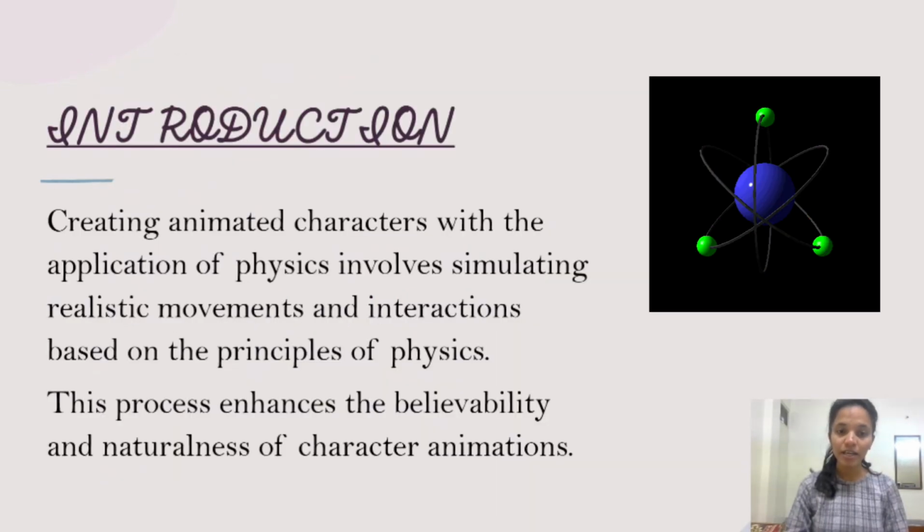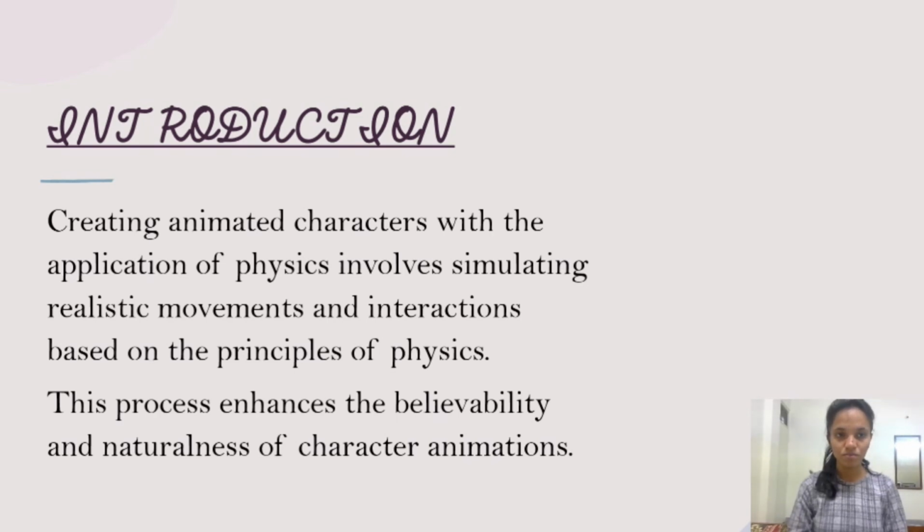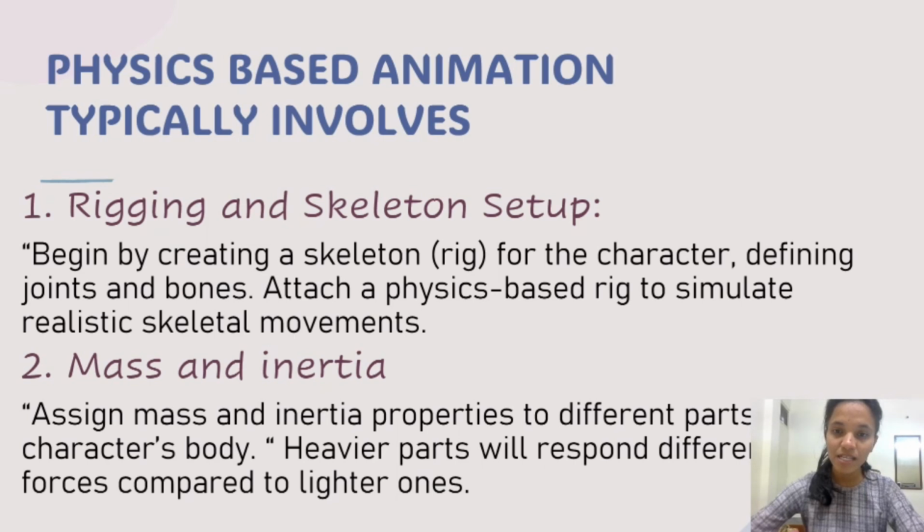Introduction. Creating animated characters with the application of physics involves simulating characteristic movements and interactions based on the principles of physics. This process enhances the believability and naturalness of character animations. Physics-based animation typically involves rigging and skeleton setup.